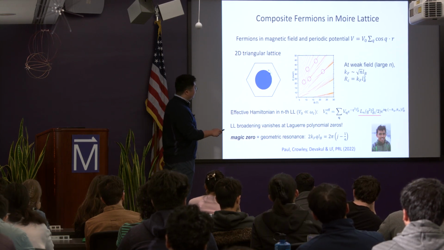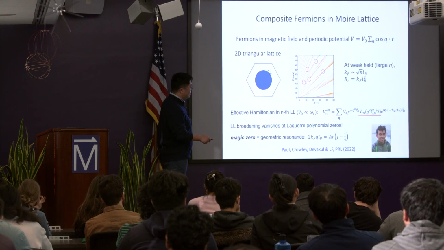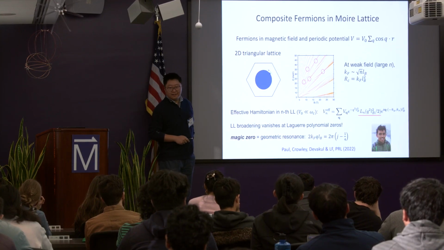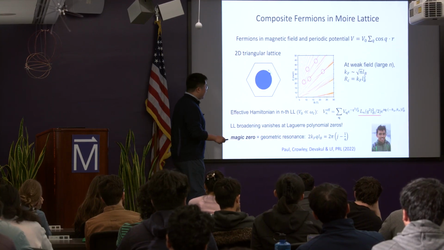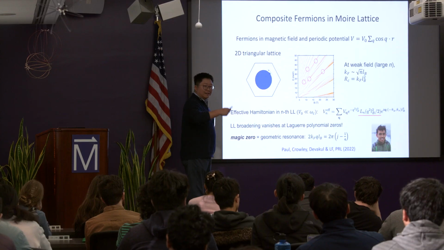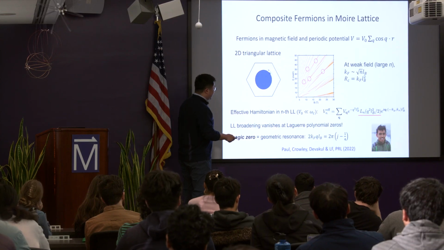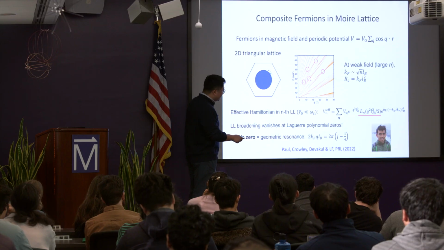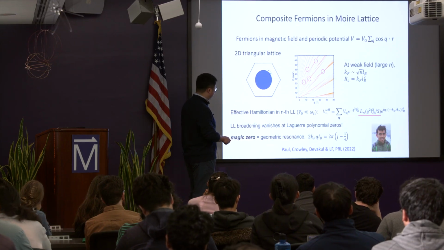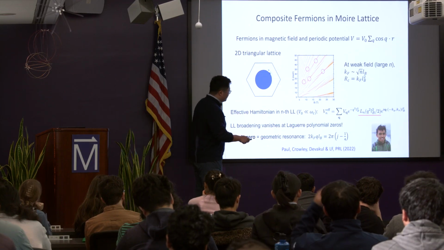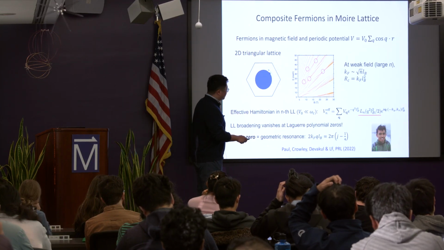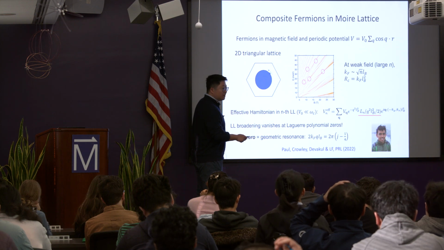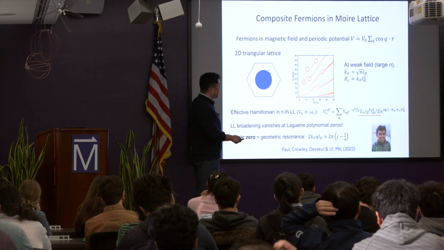Basically, the position operator r should be replaced by the cyclotron guiding center operator, and because of the underlying Landau orbital wave functions, the potential strength is renormalized, and in particular picks up a form factor given by the Laguerre polynomial, whose argument depends on the reciprocal lattice vector q of the periodic structure and on the magnetic length.